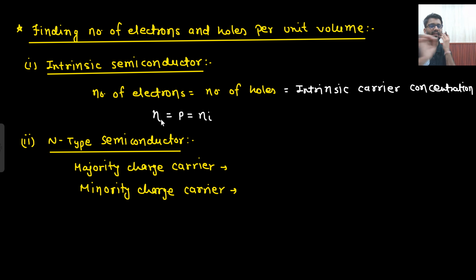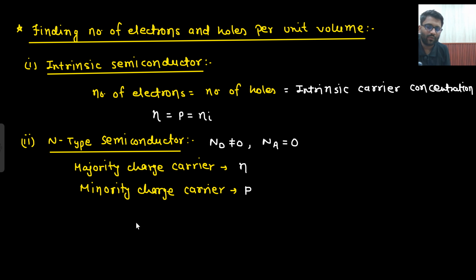But what about an N-type semiconductor? In an N-type semiconductor, who are the majority charge carriers? Electrons. And who are the minority charge carriers? Holes. Right? And in an N-type semiconductor, you do the doping of donor atoms, so Nd would be non-zero, but Na would be 0.